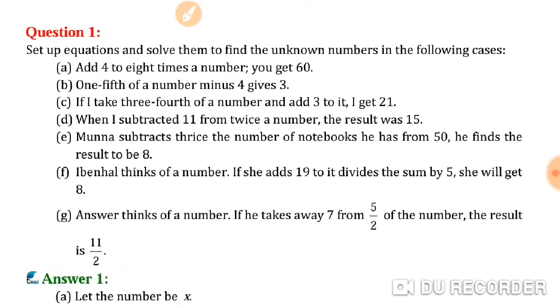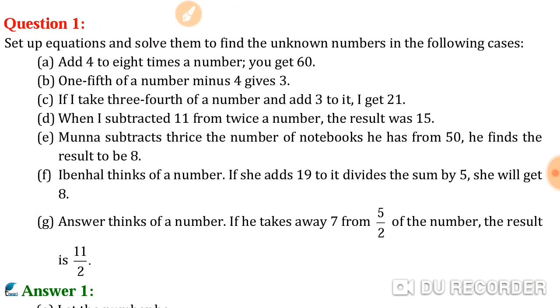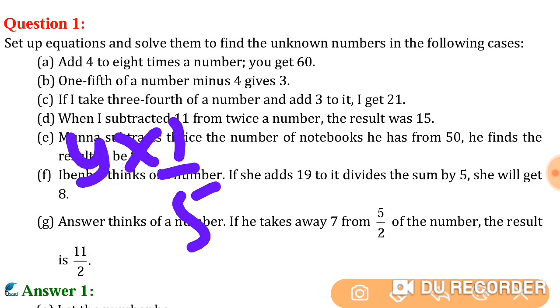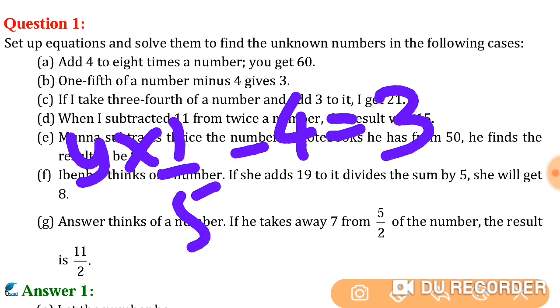Next, 1/5 of a number minus 4 gives 3. See, that number you may take as y. 1/5 of a number means y into 1/5. Then you have to solve it. The equation becomes y by 5 minus 4 is equal to 3.